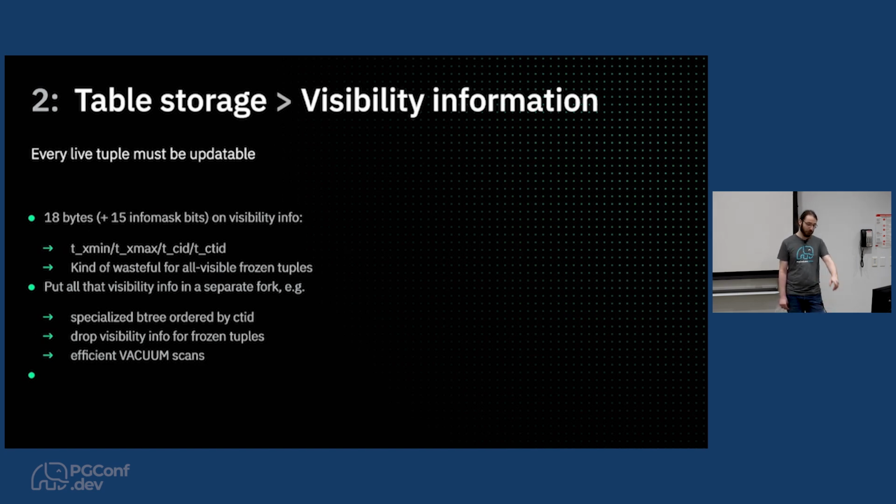Which means that we can remove those 18 bytes plus 15 info bits from the tuple header and save a lot on storage. A basic calculation shows that we can increase the maximum number of tuples on a page by a very significant margin.